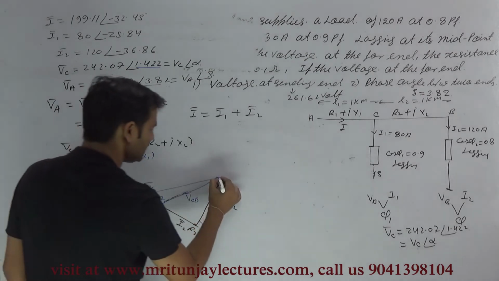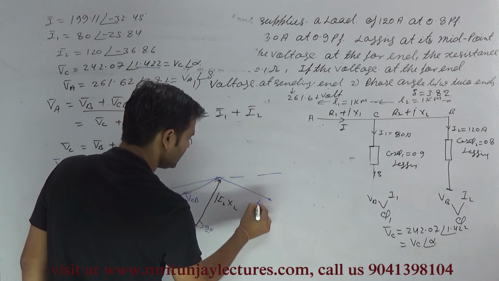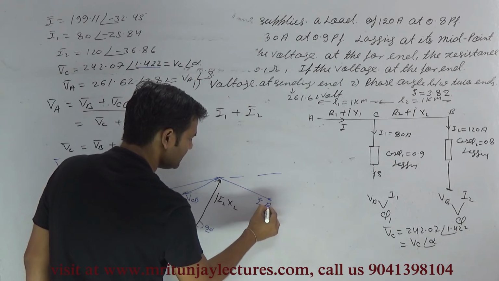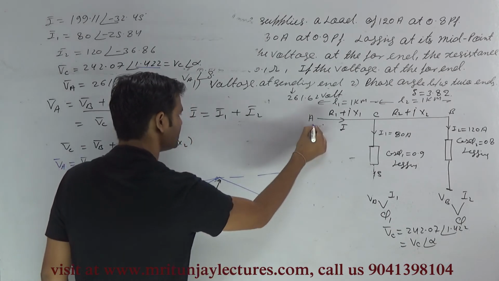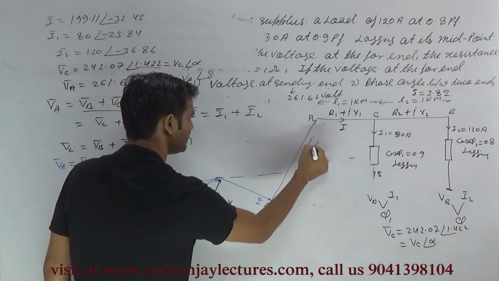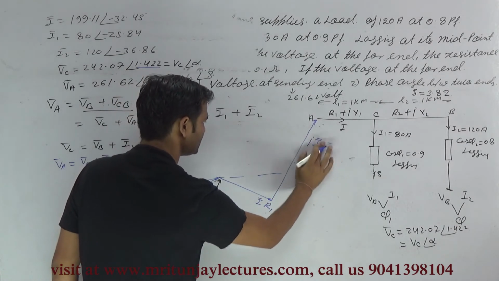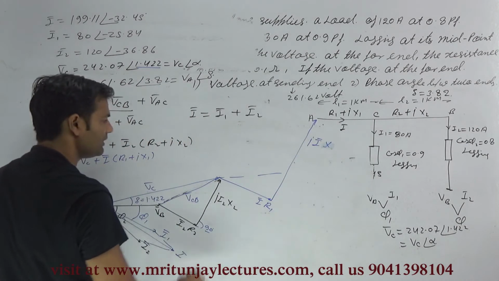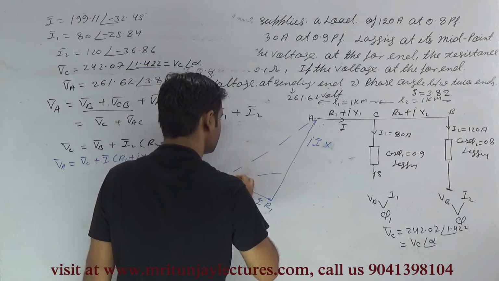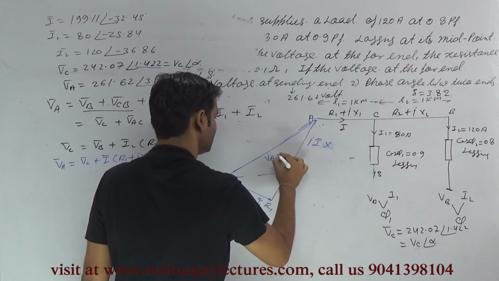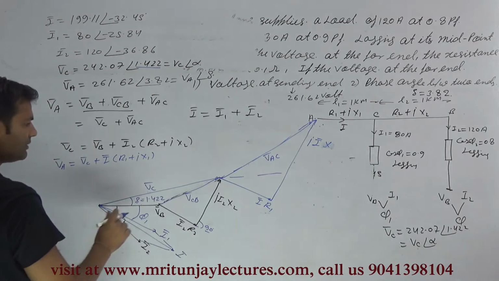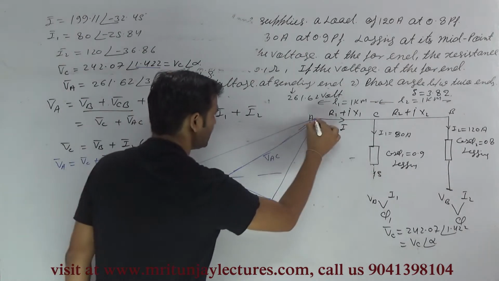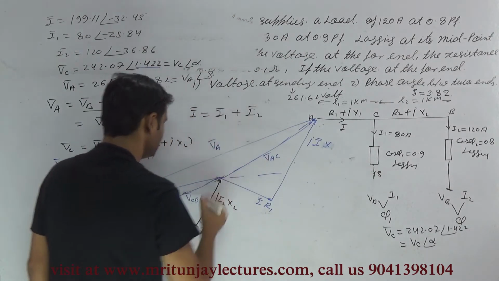Okay, and we draw here, that is I. Okay, I into R1, and this one is j I into X1, and this one represents V of AC. This line represents V of AC, and complete, that is VA.